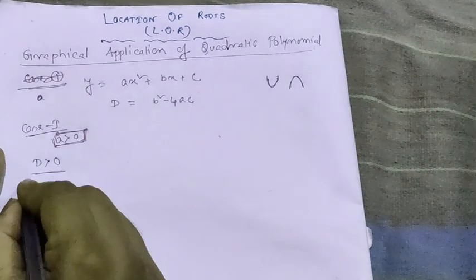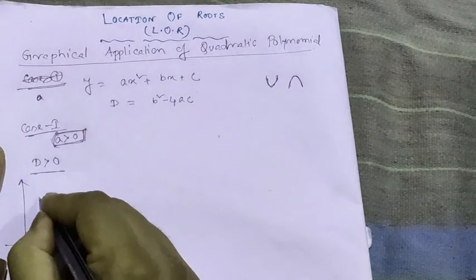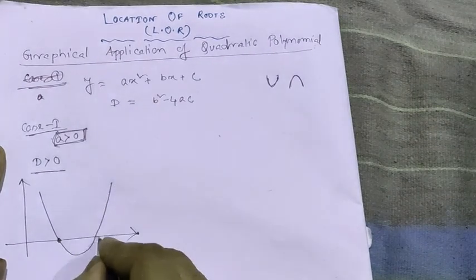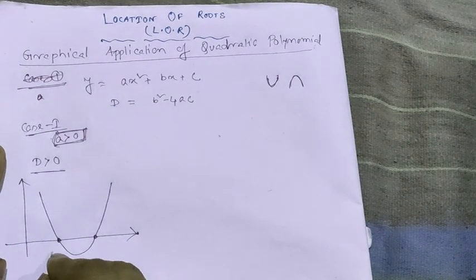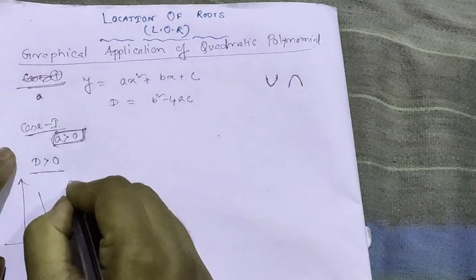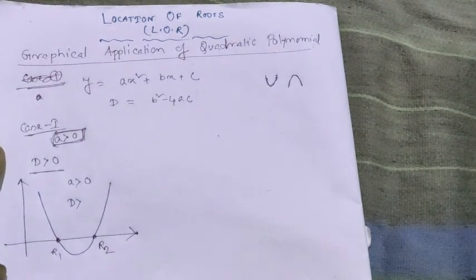In this case, the discriminant is greater than 0, so we will have two different roots, r1 and r2. Here d is greater than 0 and a is greater than 0, always directed towards the upward direction.